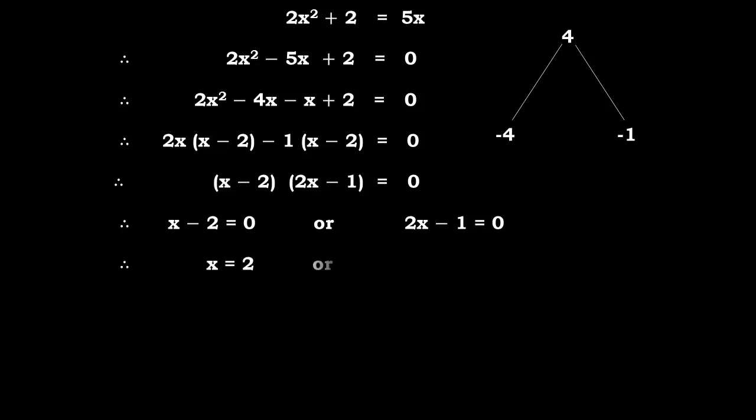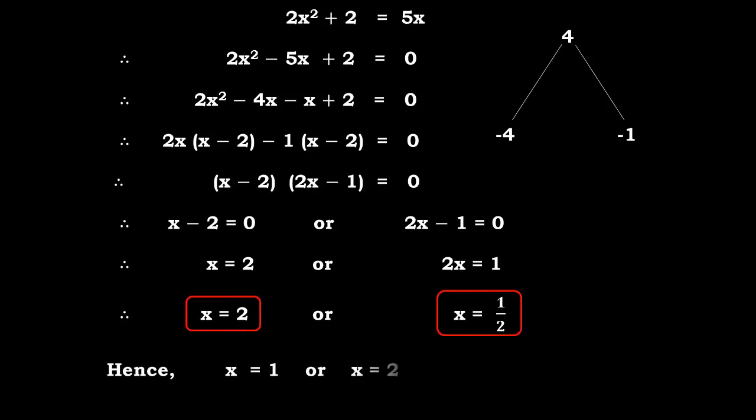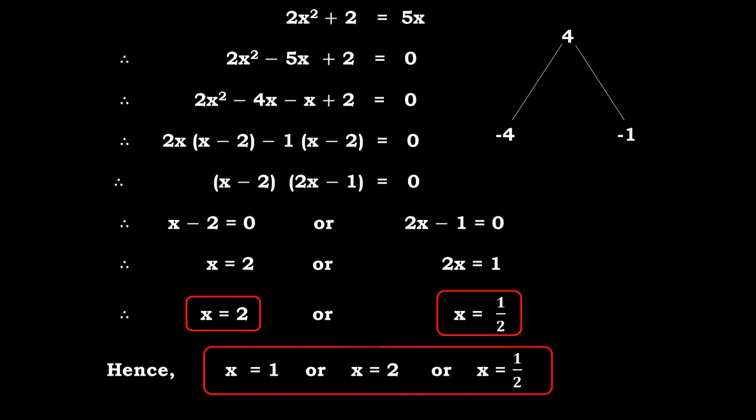Therefore, x = 2 or 2x = 1. Therefore, x = 1/2. So we have the value of x = 1 or x = 2 or x = 1/2. In this way we can solve the equation.